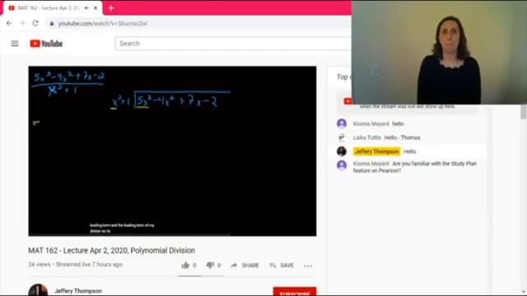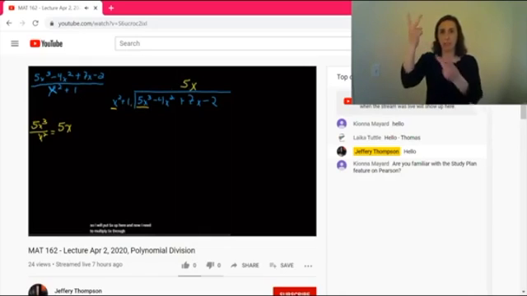So 5x cubed divided by x squared is equal to 5x. So I will put 5x up here. And now I need to multiply 5x through my divisor.